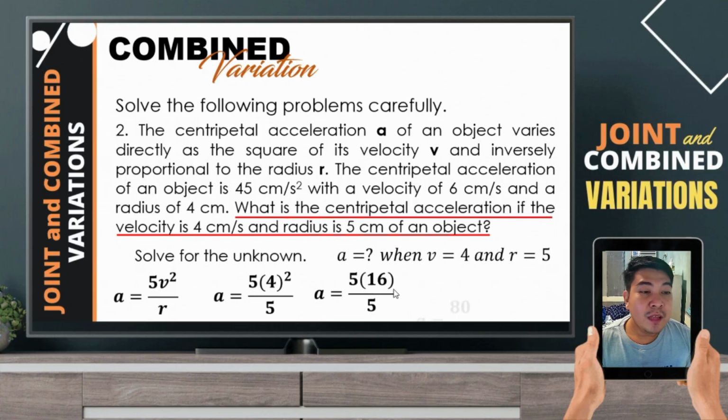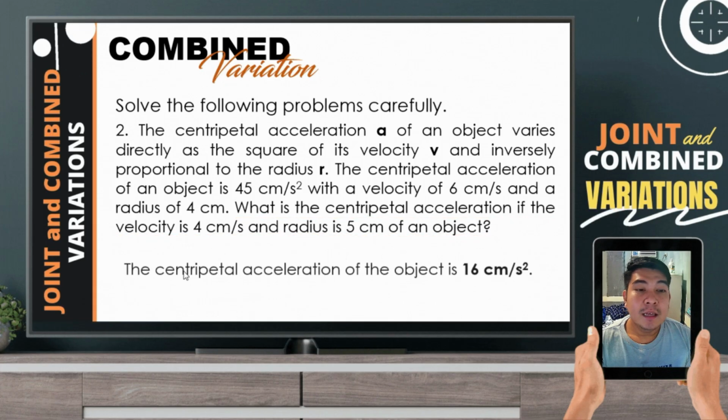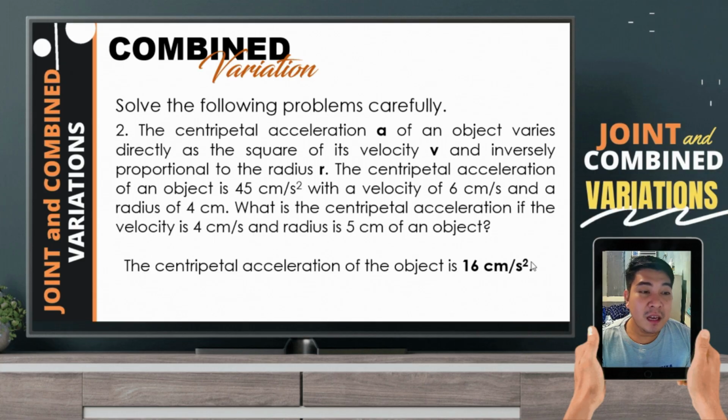Next, 5 times 16 will now be equal to 80 divided by 5. 80 divided by 5 will now be A is equal to 16. So therefore, the centripetal acceleration of the object is 16 centimeters per square second given the velocity 4 centimeters per second and the radius 5 centimeters.